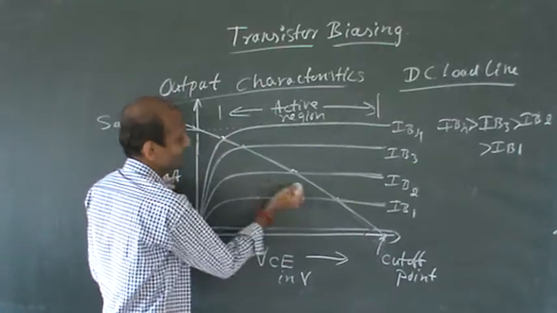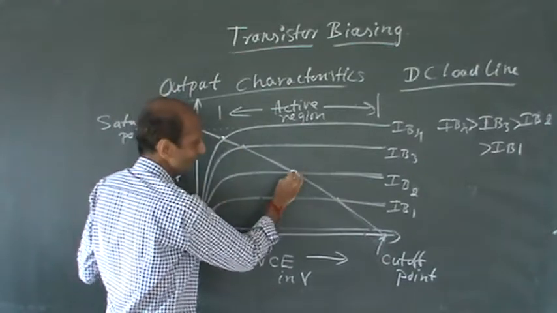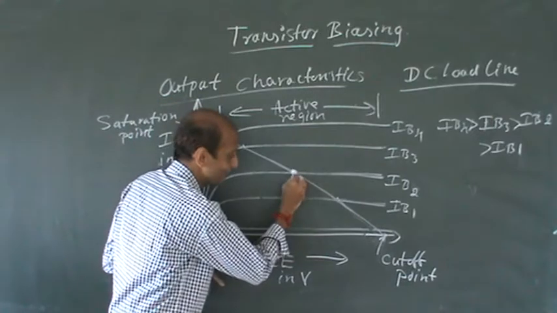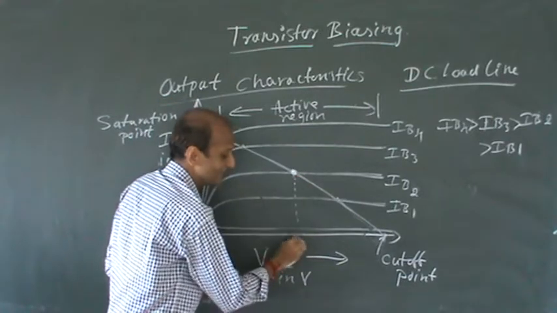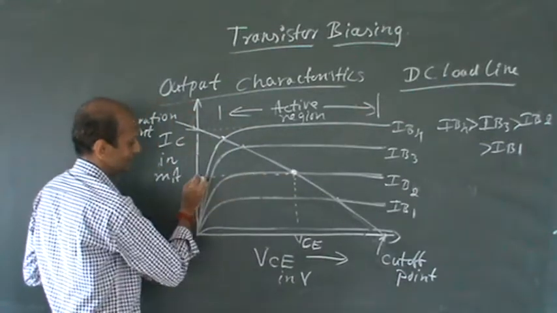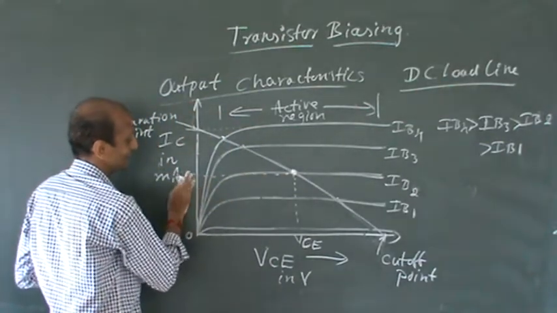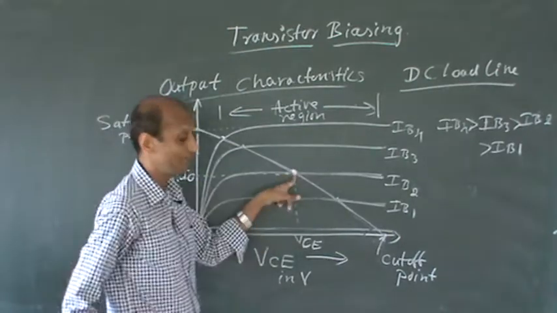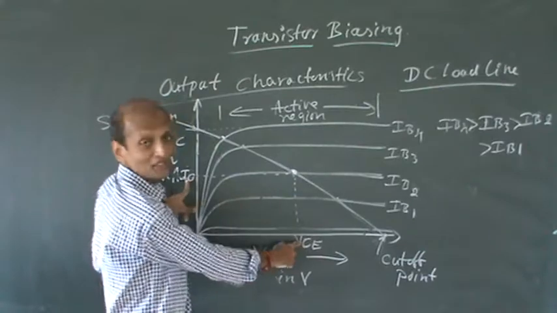If I go to this point, this is an intersection, where this is your VCE and this is your IC.